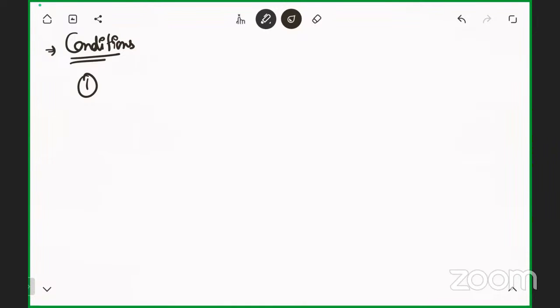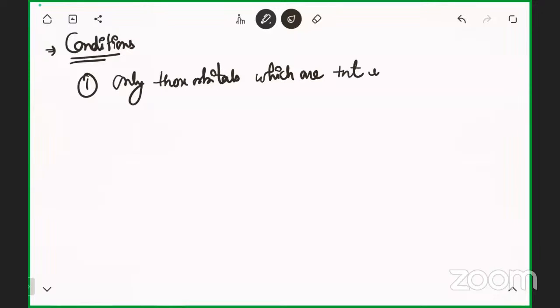Which shell is known as the valence shell? The outermost shell. So I said only those orbitals which are present in the valence shell undergo hybridization.